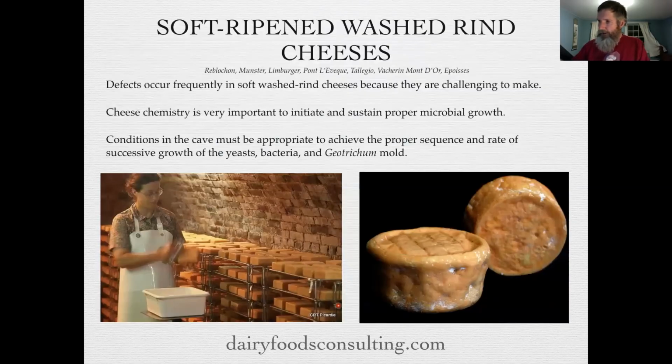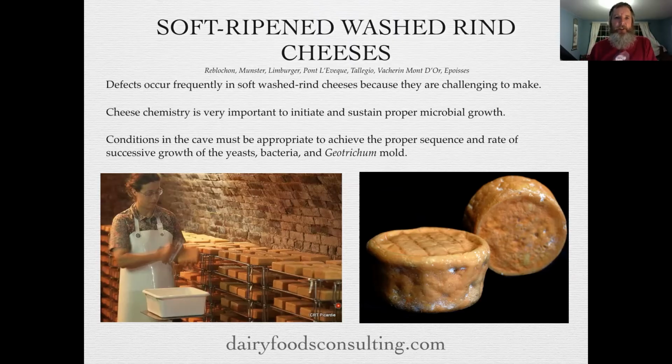So let's jump into the washed rind cheeses first, and I have a few examples up here that I'm pulling from France. Really, Taleggio is an Italian cheese, and the Vacherin Mont d'Or is made both in Switzerland and in France. So I'm sure some of you out there in the audience are making cheeses like this, and you have your own names.